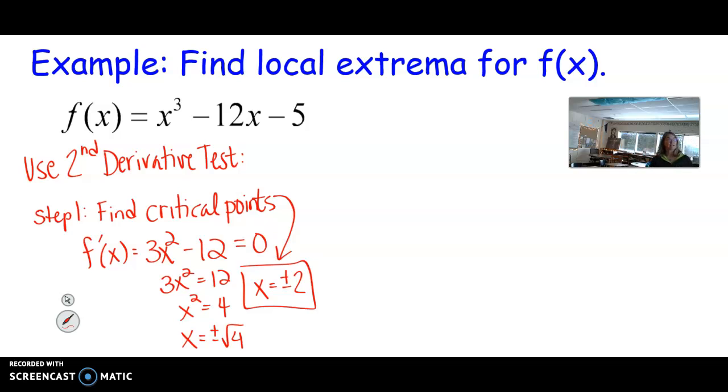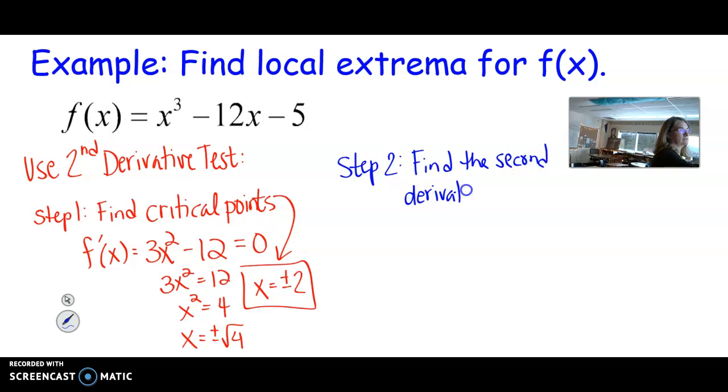To find whether they are maximums or minimums or neither, we're going to do step 2: find the second derivative and evaluate it at the critical points.